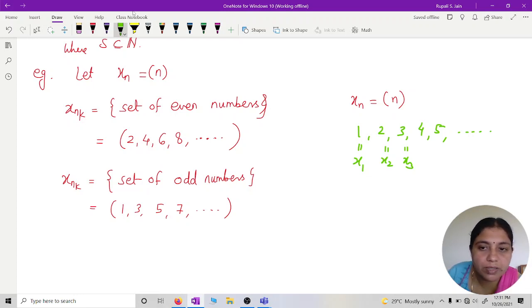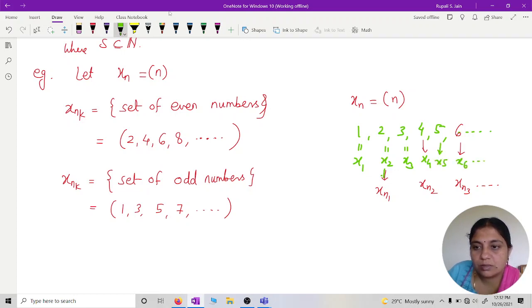Now for the sequence of even numbers, 2 is my xn1, 4 is xn2, and 6 will be my xn3 and so on. So this xnk is a subsequence of the original sequence x1, x2, x3 and so on. Is that okay? Yes, ma'am.